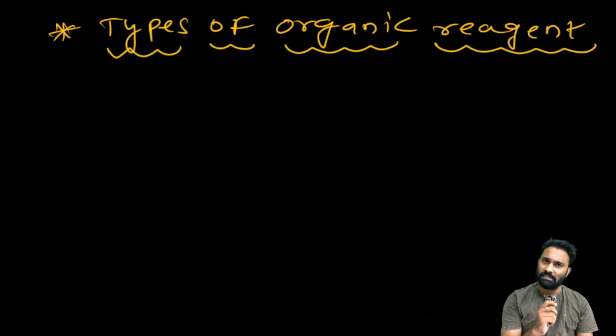Clear? By seeing the reaction, I am saying, there is no need to memorize everything. Just the application: why it has come, why it is behaving as an electrophile, why it is behaving as a nucleophile, I will explain very clearly. But if you remember, while seeing whatever organic question they have given, by seeing it itself you can predict the answer very fast.